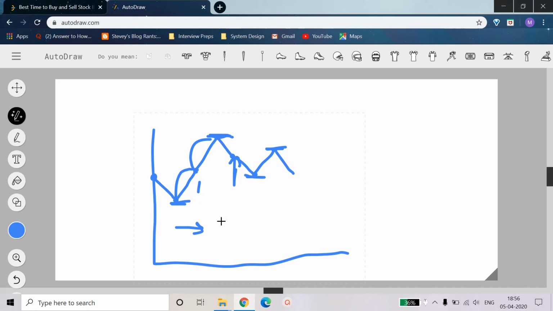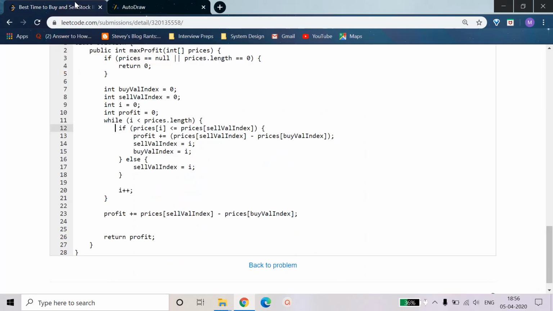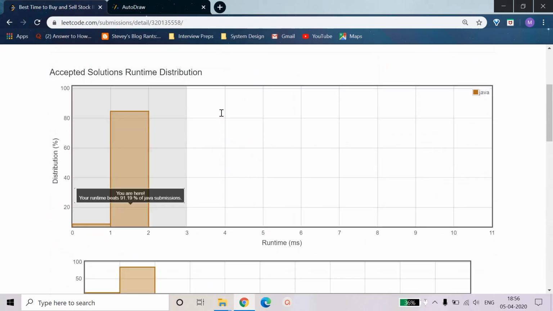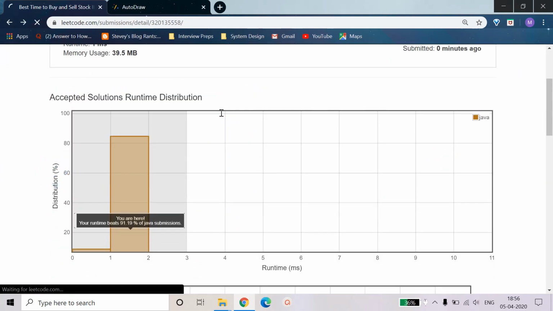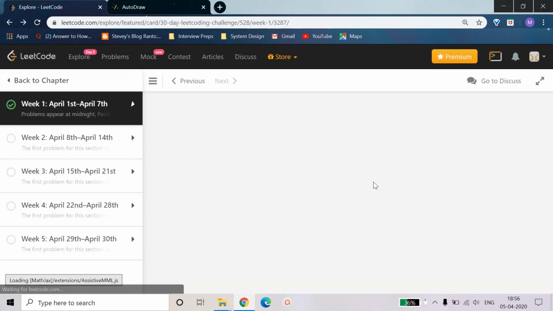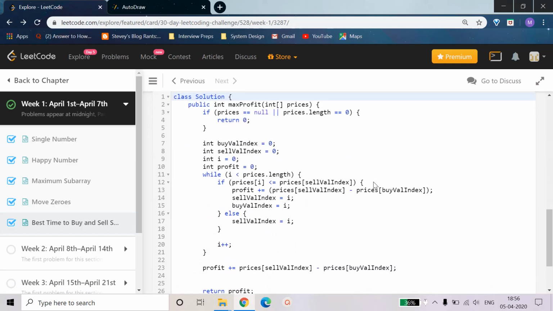Then I again see the price as an increase, so I'll again book the profit. Now, since there is a price decrease, I won't consider that. There is a price decrease here as well, but I see that there is a price increase in this case, so I can add this value as well. So we can do this in a single pass. So let's see if that gets us to a 100% better solution.